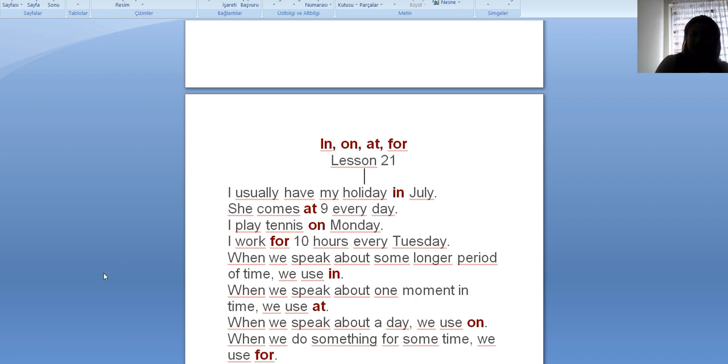Ben tatilimi Temmuz'da geçiriyorum, yani Temmuz ayının içinde olur. Haziran'da, Haziran ayının içinde olur. Temmuz demiş burada, July. Yes, Temmuz. Genellikle benim tatilim Temmuz ayının içinde olur. I usually have my holiday in July.